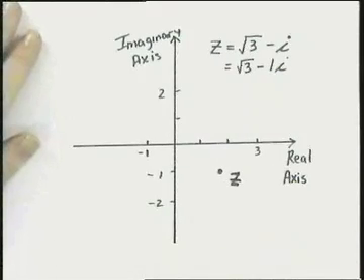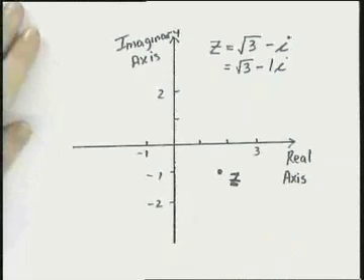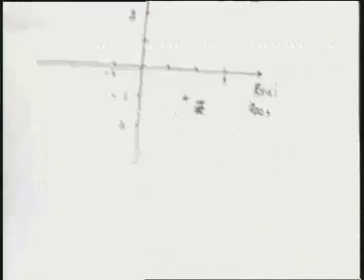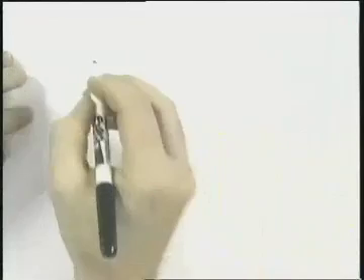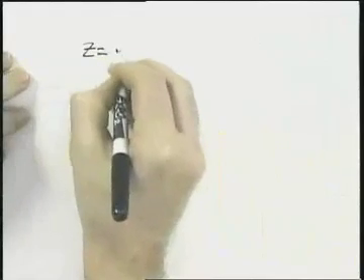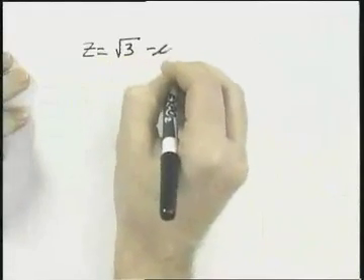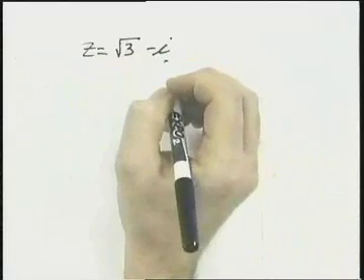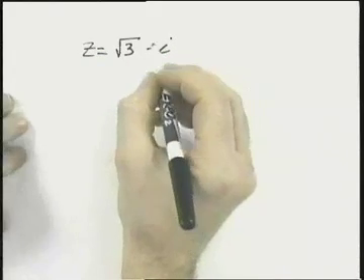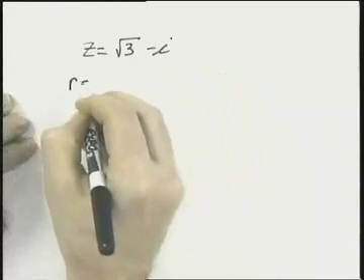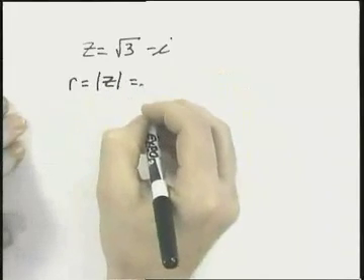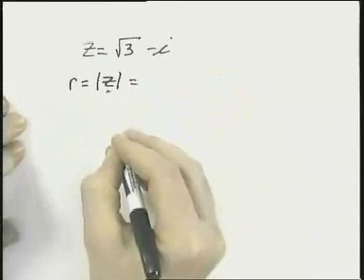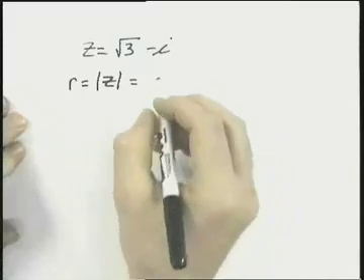Now what we want to do is write this number in polar form. To do that, we recognize that we have z equals the square root of 3 minus i. What that means is that we first need to find the value of r, which is nothing more than the magnitude of the complex number.